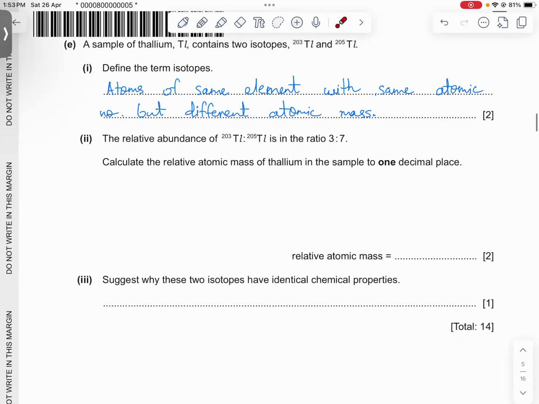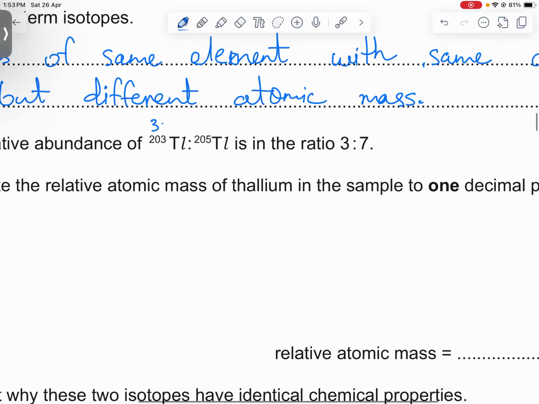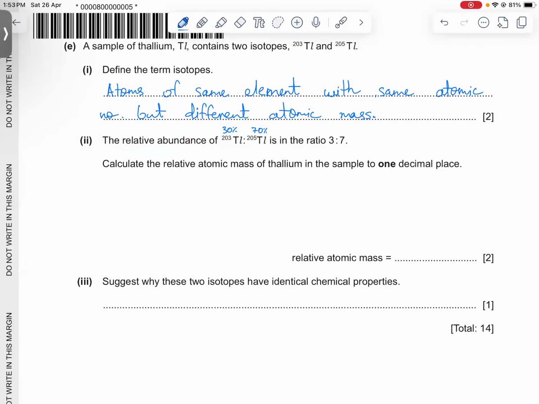The next question: the relative abundance of 203 Tl and 205 Tl is in the ratio 3:7. Now, for those who can see it by eye, that means that 203 Tl is 30% abundant and 205 Tl is 70% abundant. Why did I just say that? Because right down here, they want us to calculate the relative atomic mass.